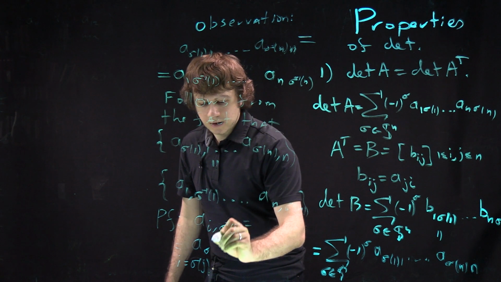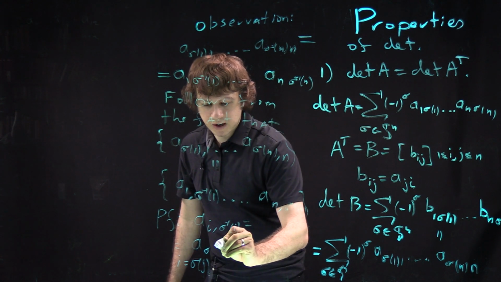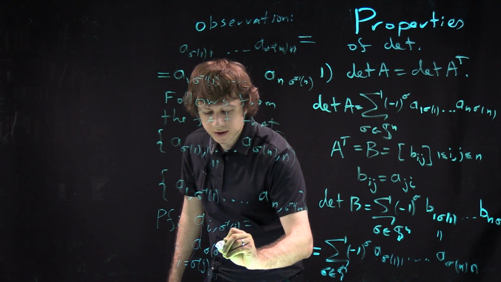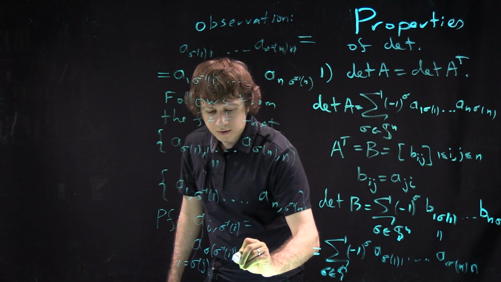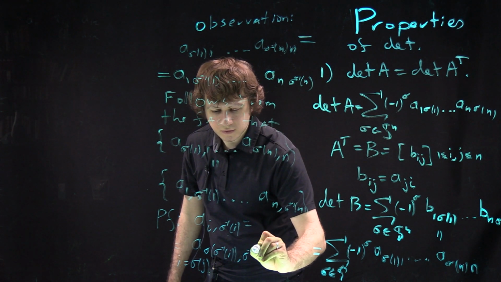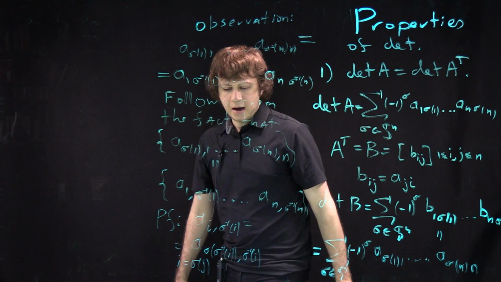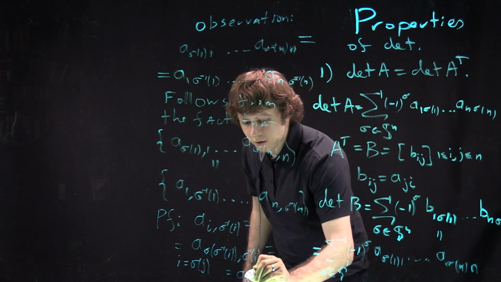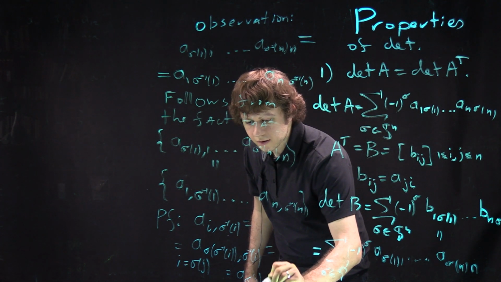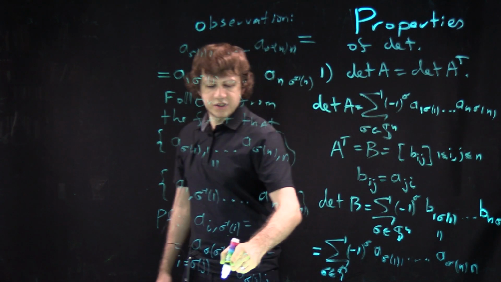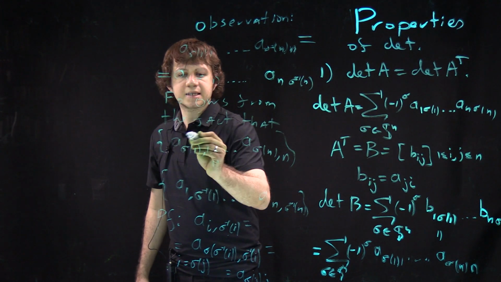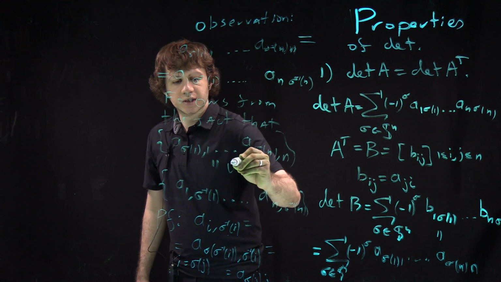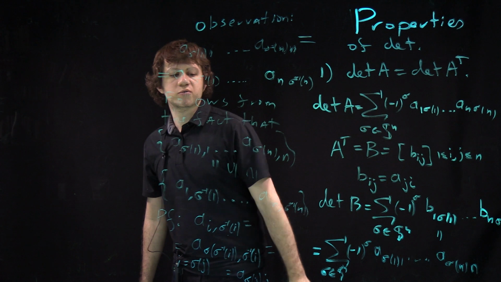So then j is just sigma inverse of i. So i is equal to sigma of sigma inverse of i, comma, sigma inverse of i. And so you see that this equals a sigma of j, j for some j. So this means that this element lies inside this set. So we proved this equality. And of course, similarly one proves the other equality.